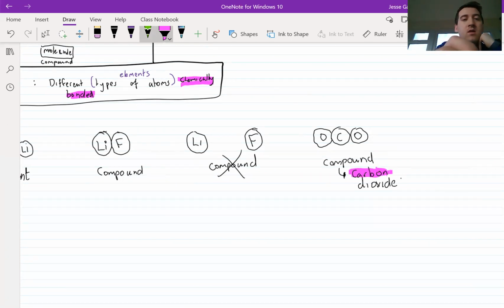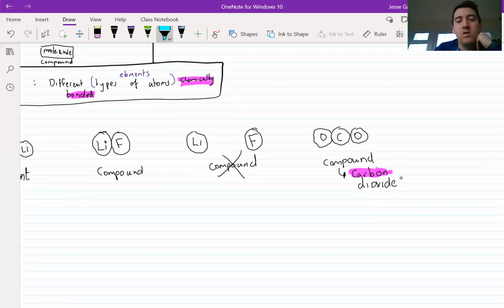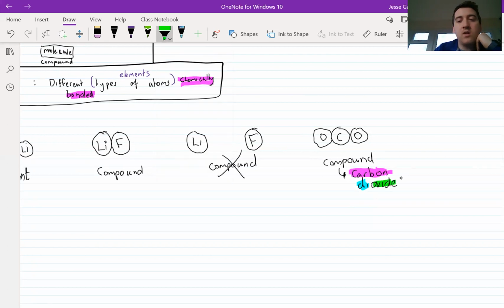The second part of the name, di, just means 2. And oxide refers to a different element, oxygen. So the name gives us a hint that there's more than one element here. Carbon dioxide is 2 elements, so it can't be an element. It must be a compound.